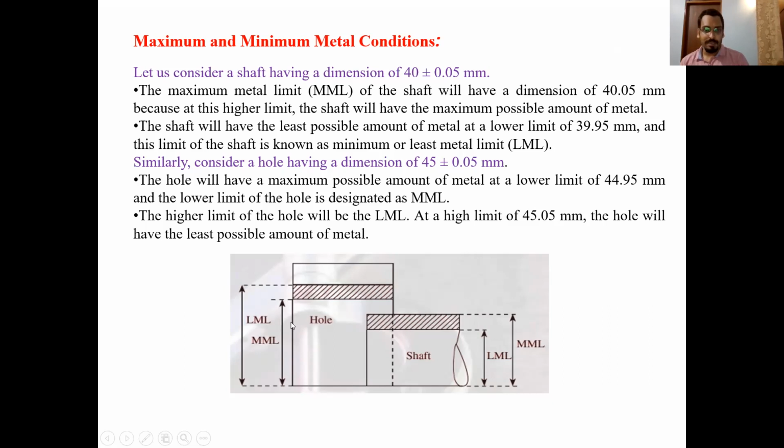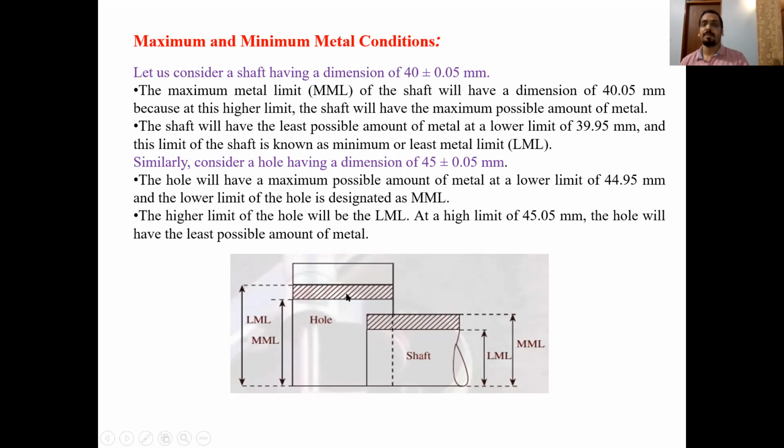For example, this is the lower limit of the hole, and this is the upper limit of the hole. So at the lower limit, this much amount of the material is consumed up to this line, and at the upper limit, this much material is only consumed for the manufacturing of the hole.